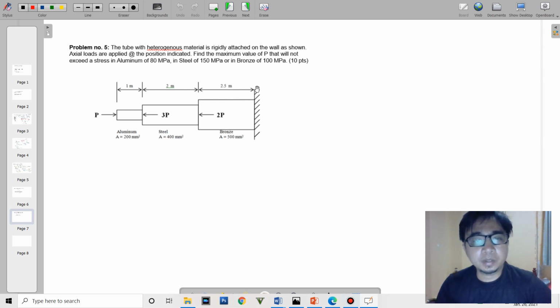So remember, there will be a restraining reaction here, okay, in order to have the system in equilibrium. Okay, so I suggest that you go over resolving the first 3 problems today and then solve number 4 and number 5. Okay, so see you on the next meeting and we'll discuss this on the next meeting.